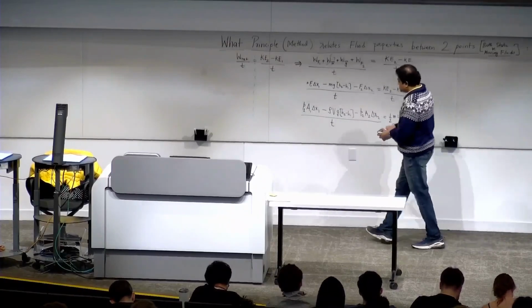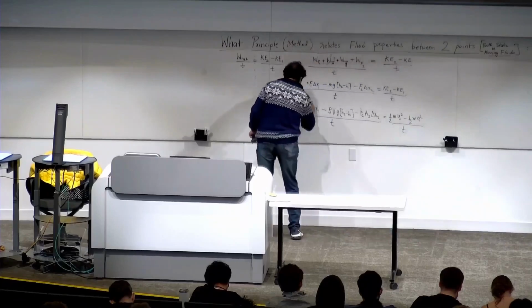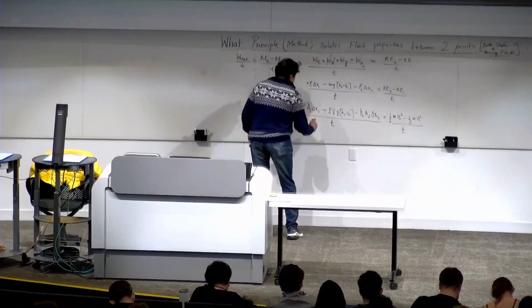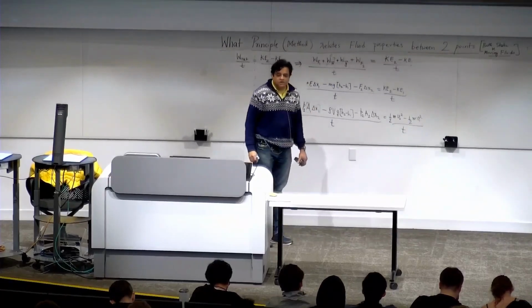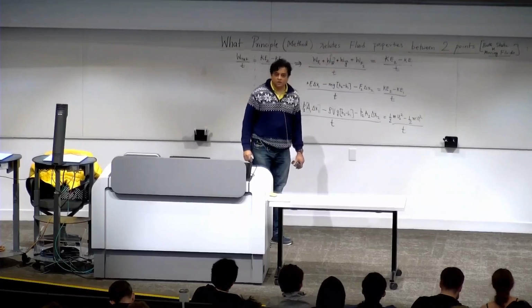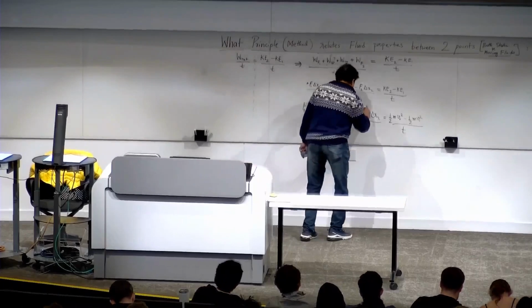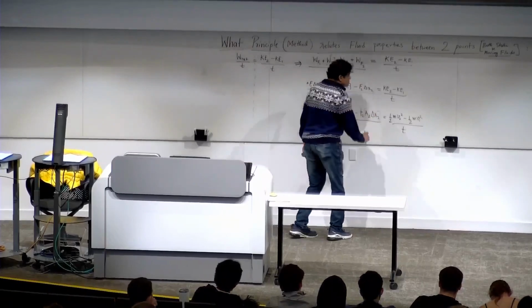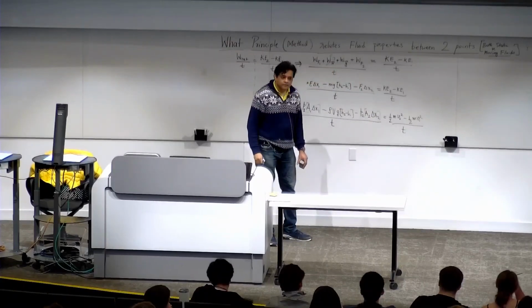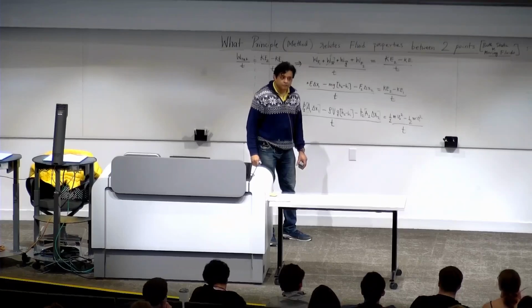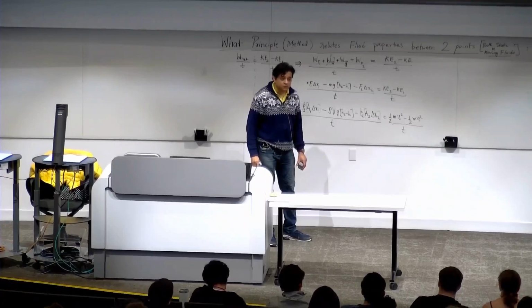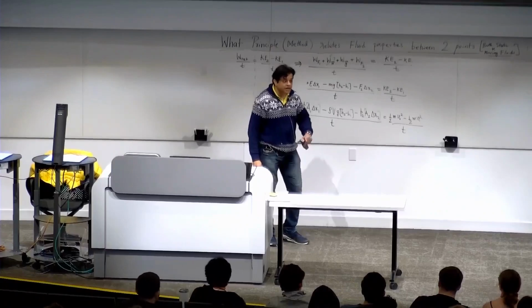Now, what do you see this becoming? A1 times delta x1. What is A1 times delta x1? Volume 1. What is A2 times delta x2? A2 times delta x2, volume 2, area times a length.